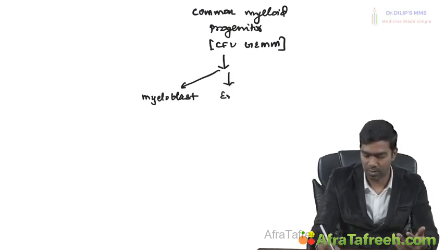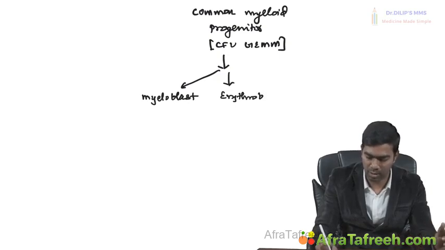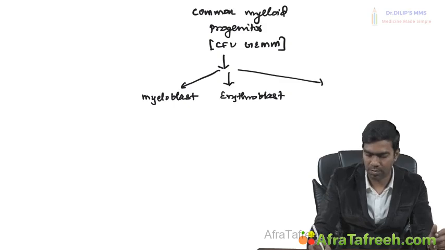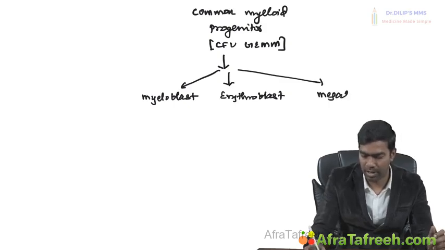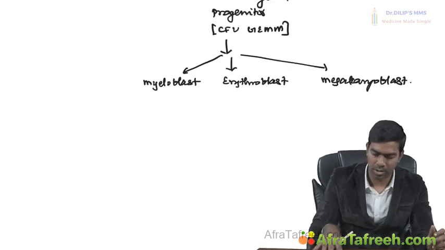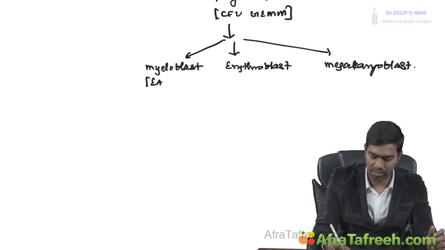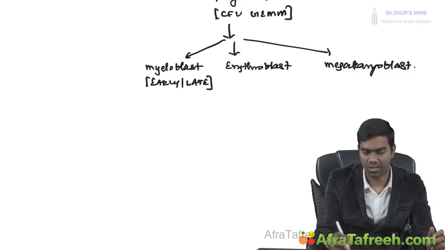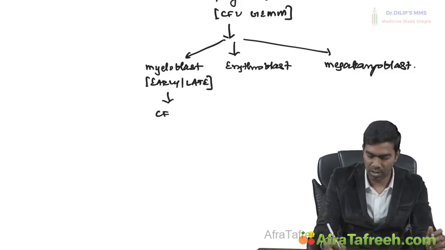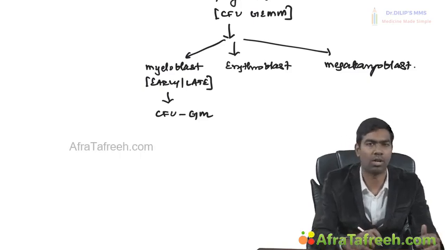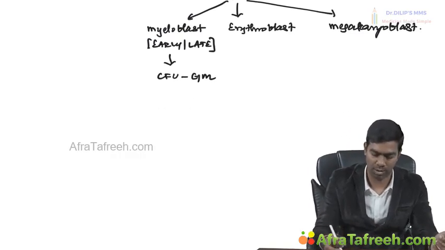The second one is what we refer to as an erythroblast, and the third one we are going to call a megakaryoblast. This myeloblast itself has early stages and late stages, which further differentiate into a colony forming unit granulocyte-monocyte, or granulocyte macrophage colony forming unit.